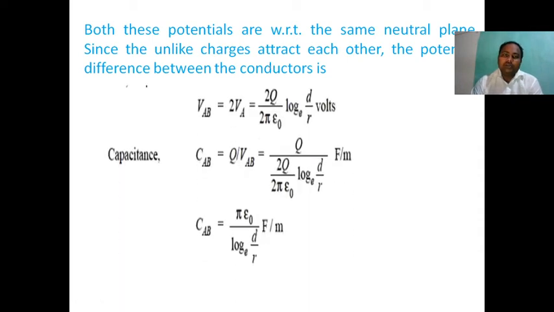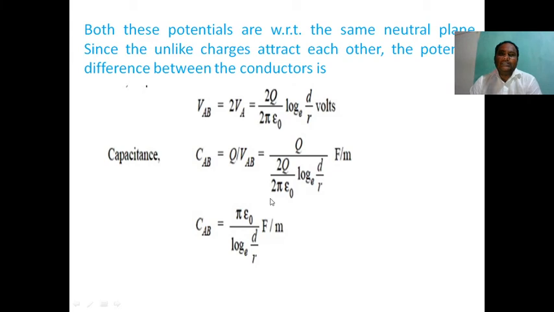Both are attractive, so VAB becomes 2 times VA, that becomes 2Q by 2 pi epsilon naught log base e D by R.